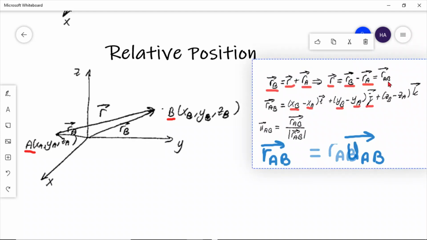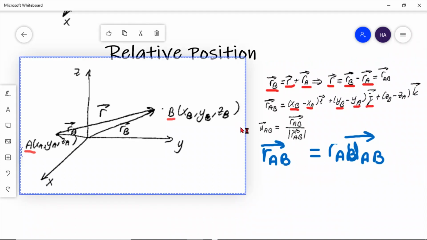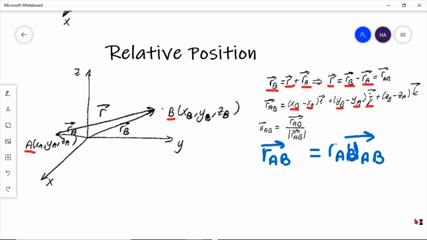Now I find the relative position of object B with respect to object A, or point B with respect to point A, let's say.